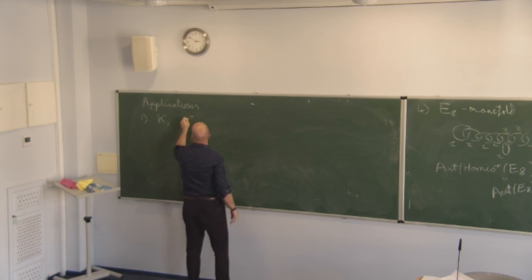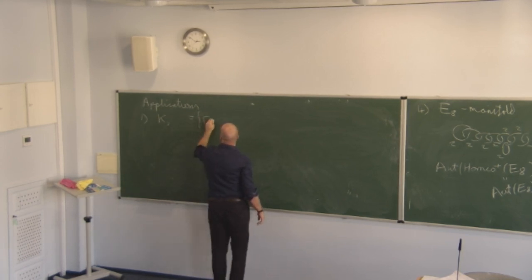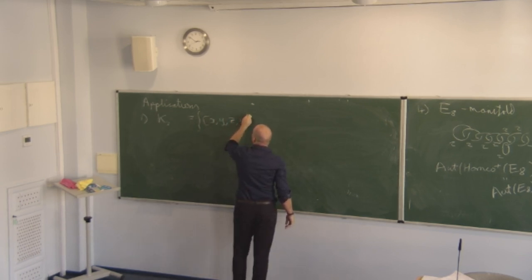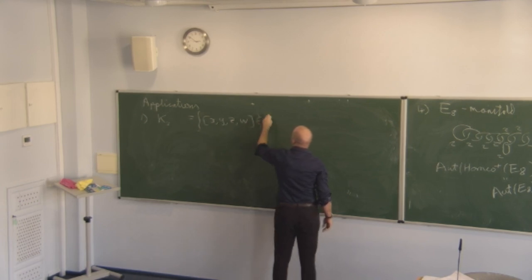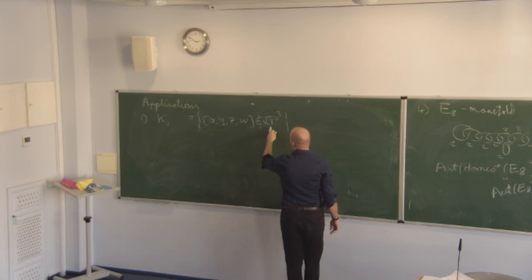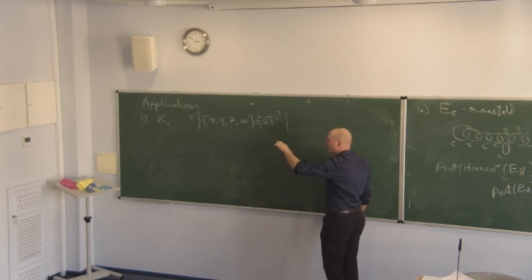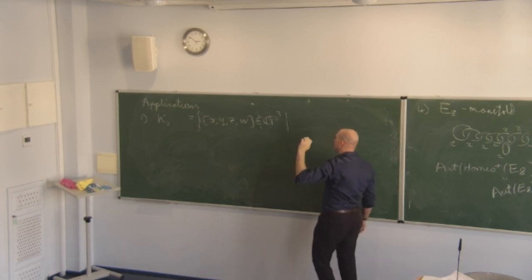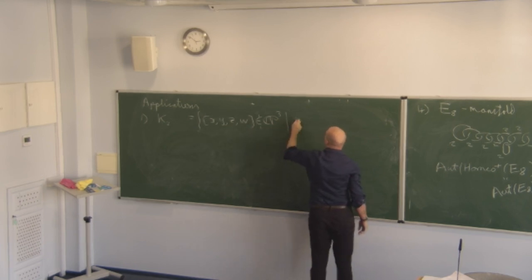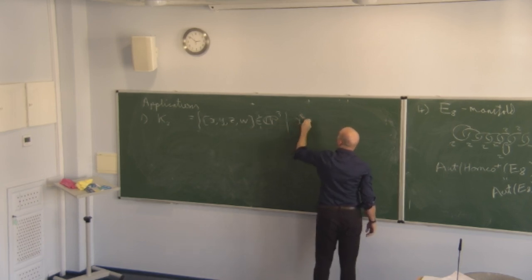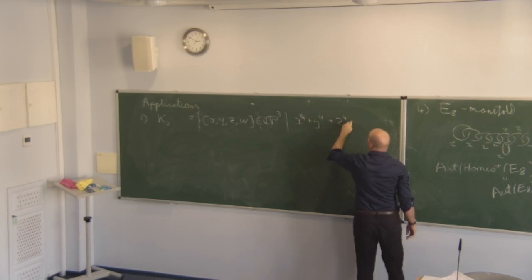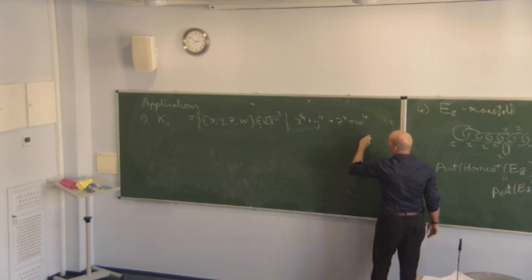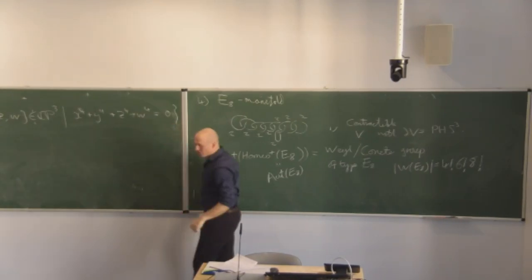One way of defining this, it's not very enlightening, but at least it's a definition, is all the points in CP3. That's a 6 manifold, and we're going to cut out a codimension 1 complex submanifold, so it's going to be a real 4 manifold. You just take the solutions to the most basic, easiest degree 4 homogeneous polynomial.